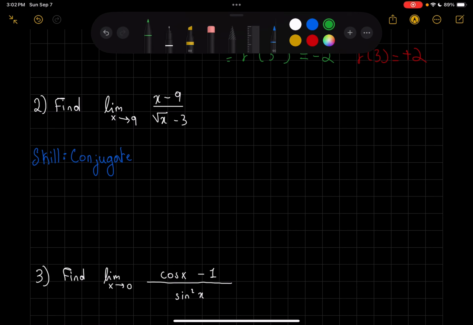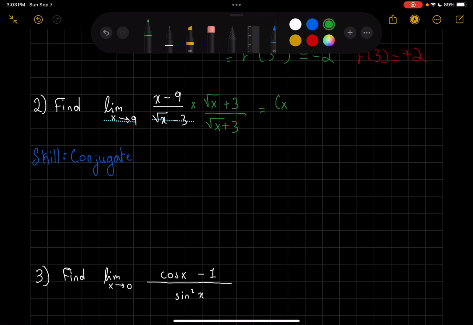Every single time you have square roots in the denominator, you must multiply by the same exact denominator, but you need to flip the sign in the middle. That's basically the skill. So what I'm going to do to solve this limit is multiply up and down by the square root of x plus 3 over the square root of x plus 3.